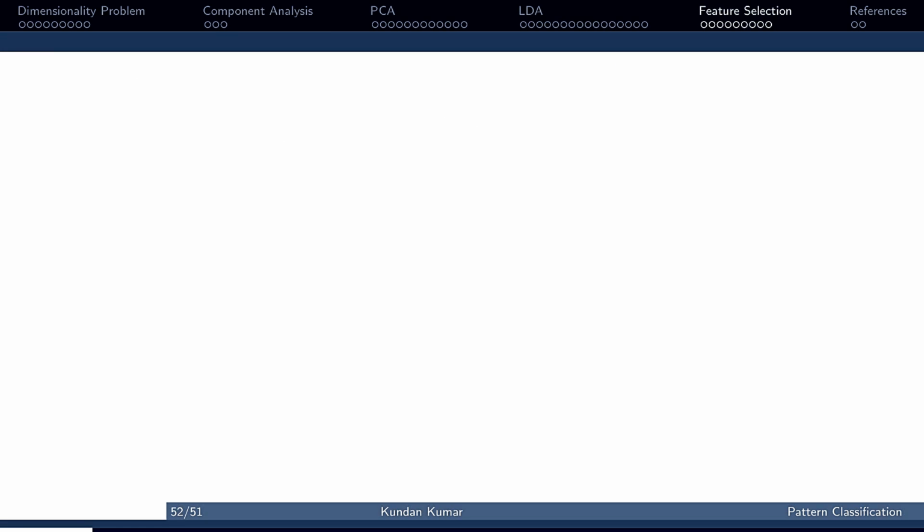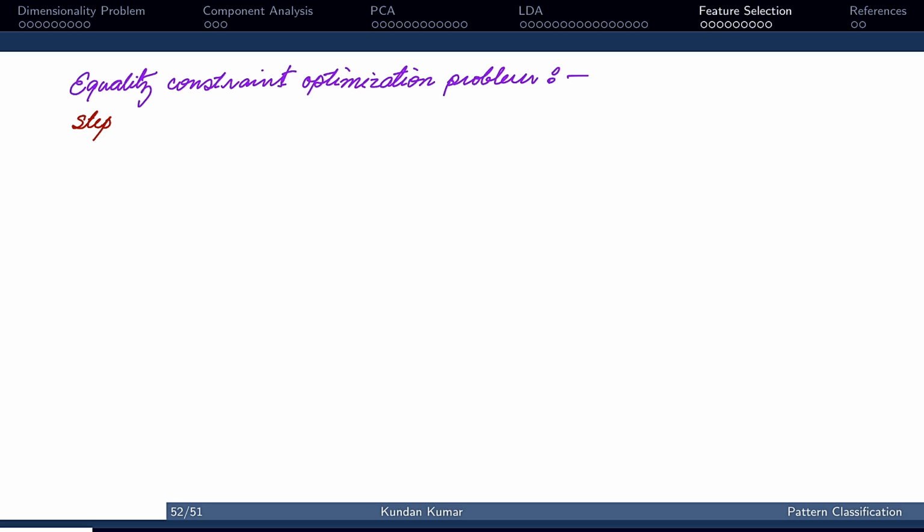Now let us see the equality constraint optimization problem. To solve it, there are the following steps. In the first step, we define the Lagrangian as follows.